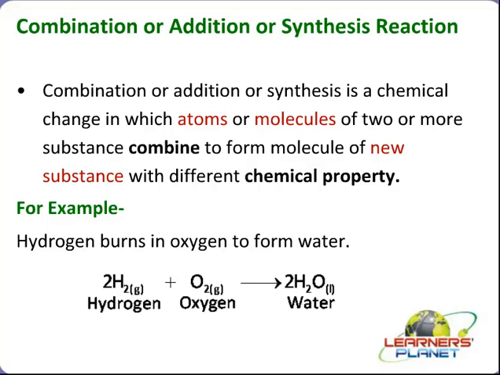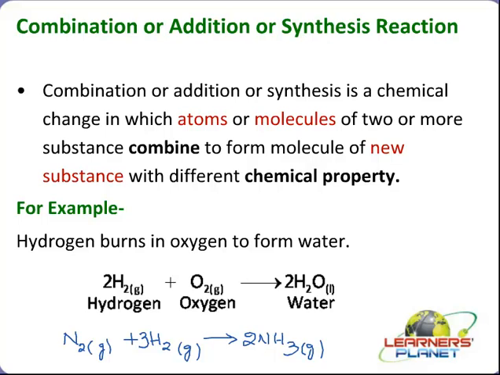Here N2 gas, that is nitrogen gas, combines with hydrogen gas and forms ammonia molecules, 2NH3, and it is again a gas. So it is N2 plus, for balancing I'll write 3 here, 3 H2 gives 2 NH3.